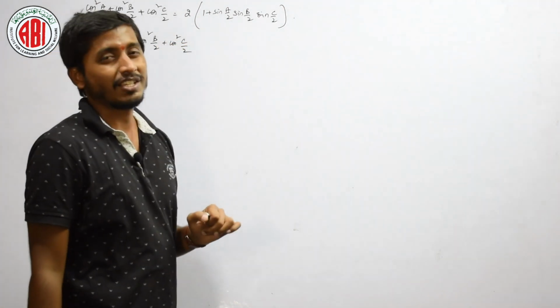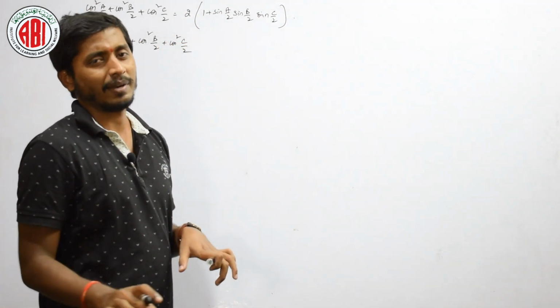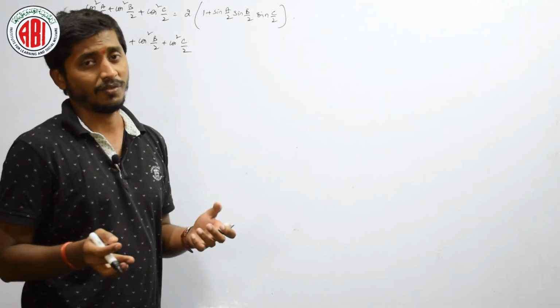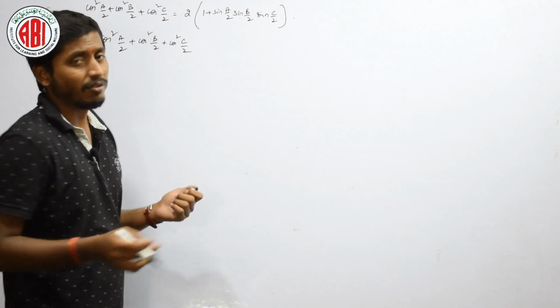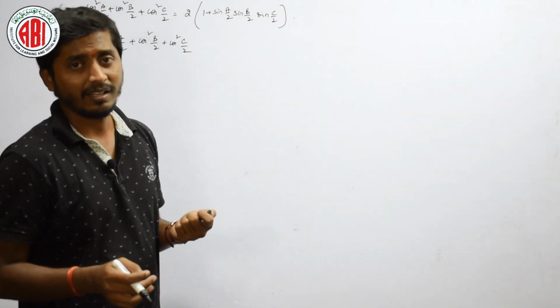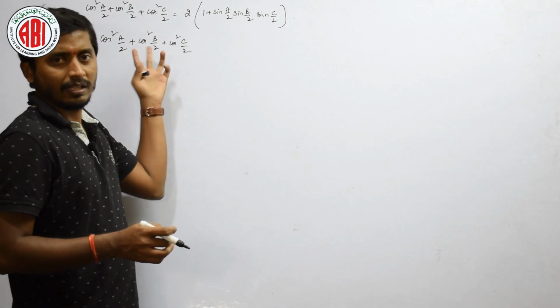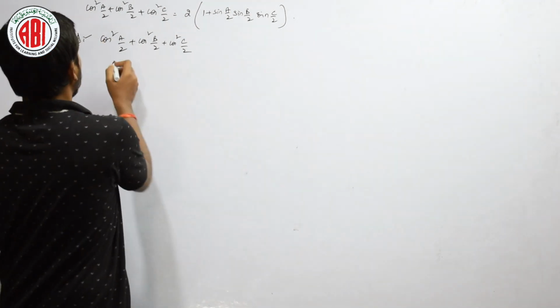Do we have any addition of squares? We have only subtractions, that is cos square a minus sin square b or cos square a minus cos square b, such kind of question. Okay. We have cos square a minus sin square b, right, isn't it? Can I change this middle one into sin? We can do, right? Let us do.